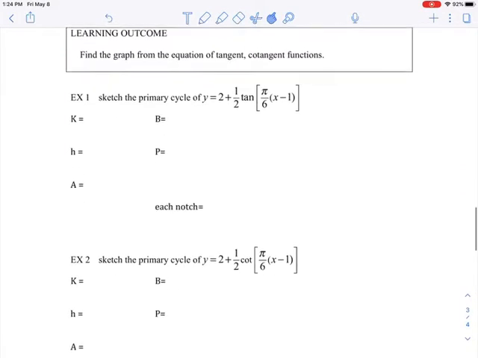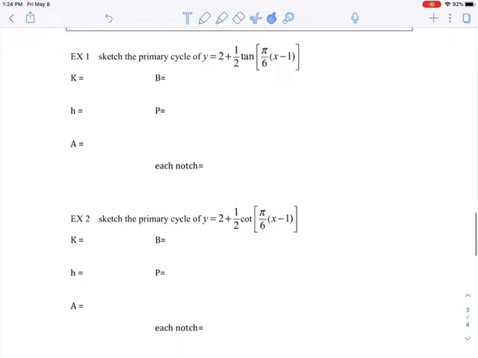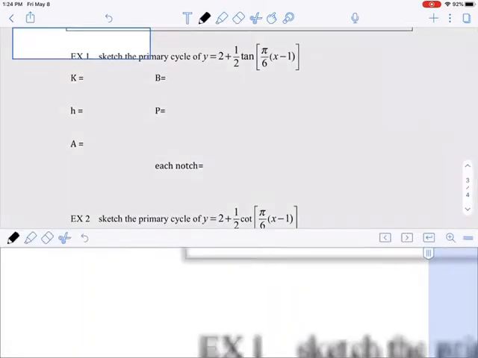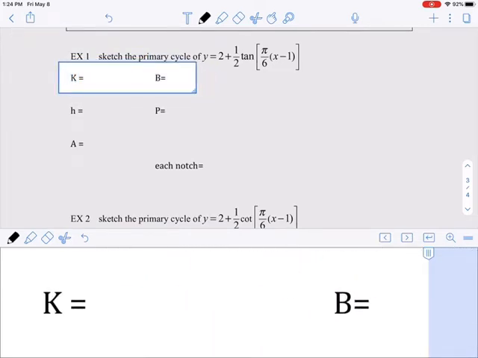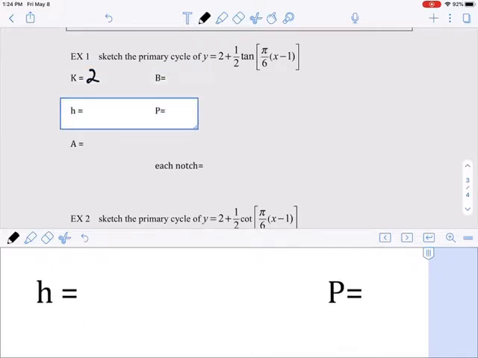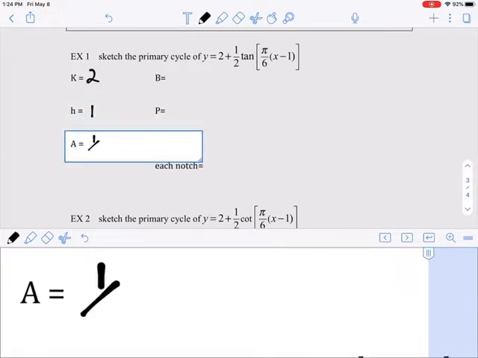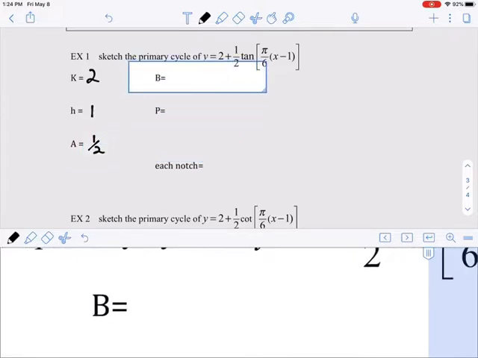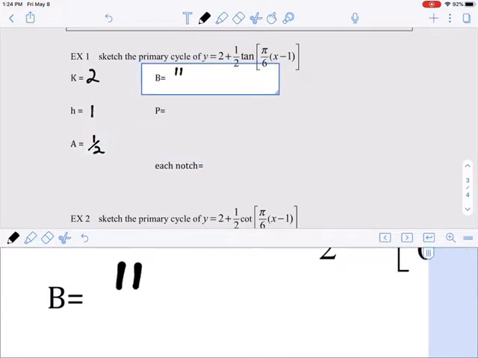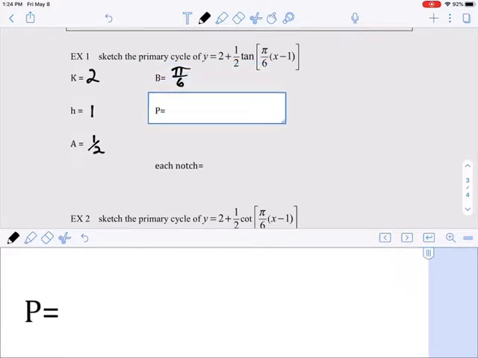Let's get into it. Our K is 2. Our H is 1. Our amplitude, 1/2. Our B is pi over 6. Now our period has changed. It is pi over B for our tangent or cotangent.